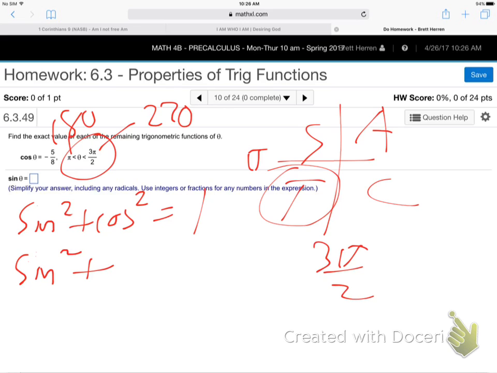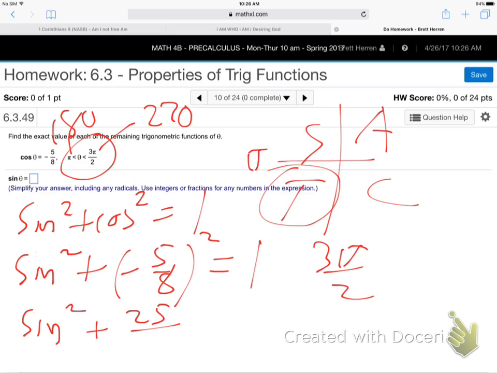Sine squared plus cosine squared. Like that. Good. 25/64.